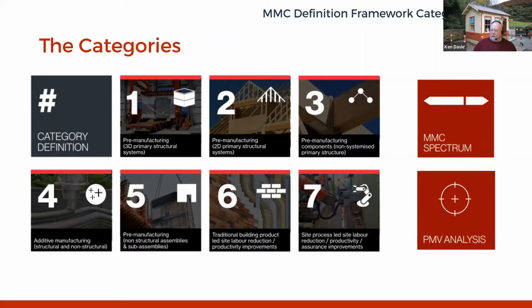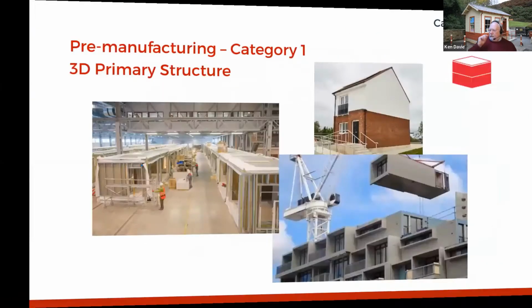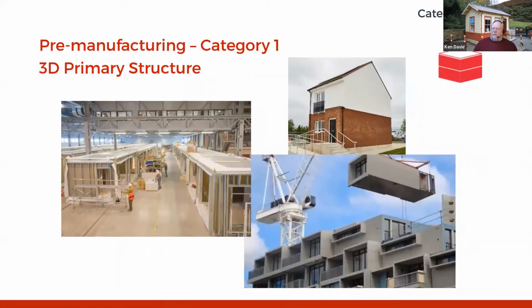So that's PMV. In terms of the categories, it's highly unlikely that this category will be used on highways projects. However, that may not be entirely true. There may well be instances where some form of 3D primary structure is required. I think it's highly unlikely because this is really intended as residential accommodation or offices where the chassis could be steel or it could be a concrete box, preformed and fitted out.